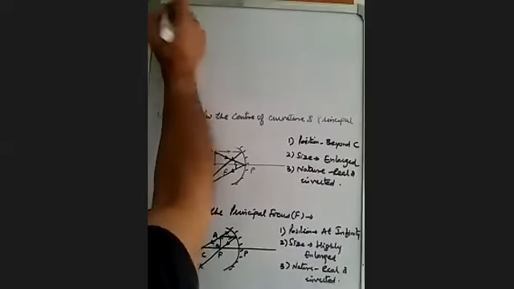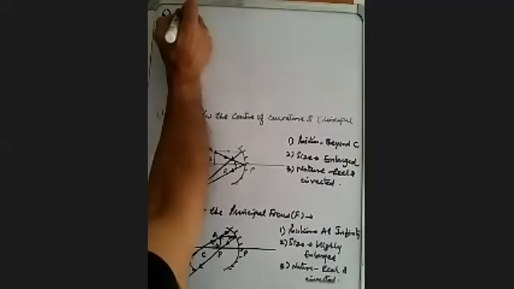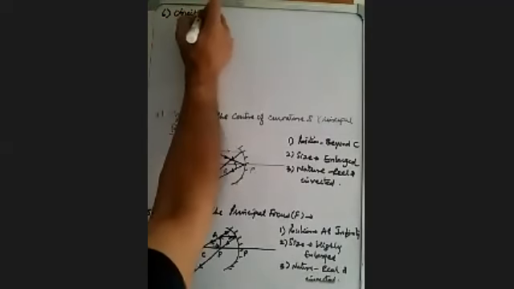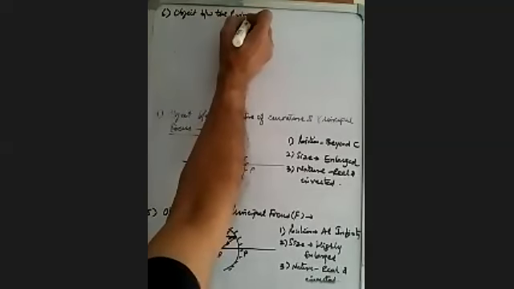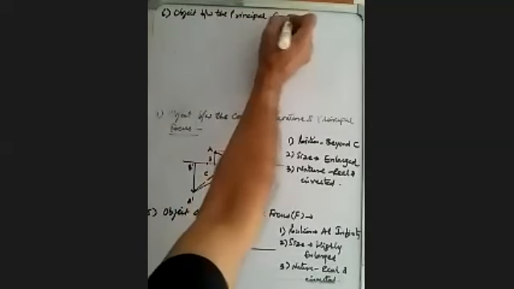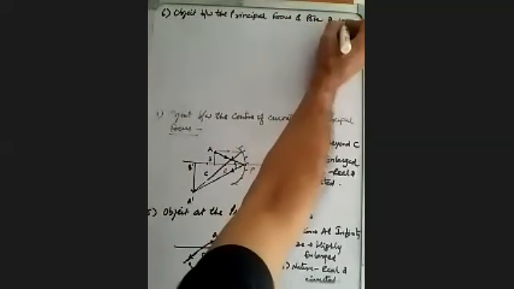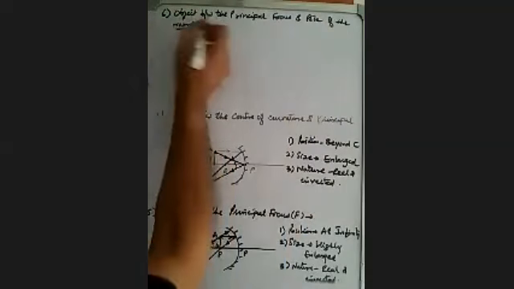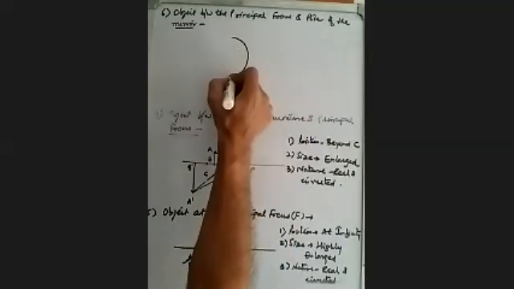So number 6, the object between the principal focus and pole of the mirror. Let us draw the figure.